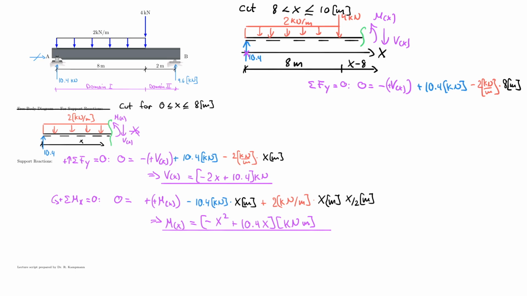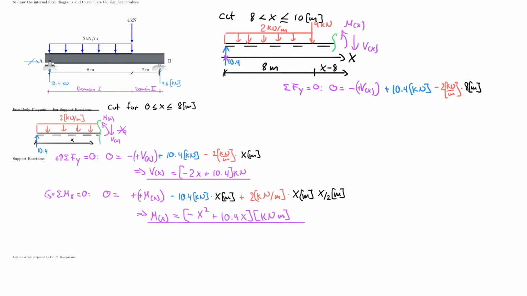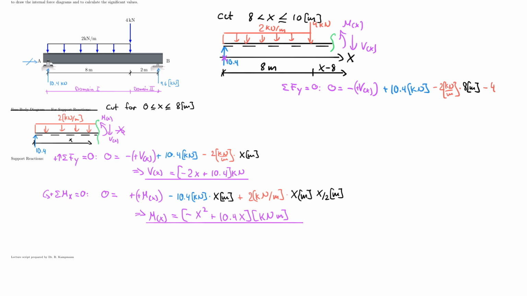Likewise, I have the negative 4 kilonewton, right? So I have minus 4 kilonewton here. And to no surprise, my shear force function now is not much of a function. It's actually a constant, but we would still write it as V of x is really equal to all of these calculated together, which really is equal to minus 9.6, and that is kilonewton.